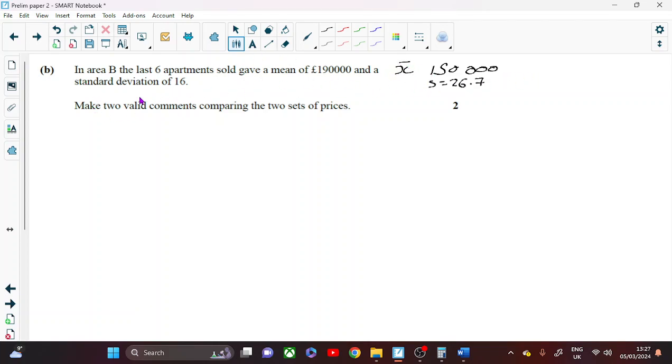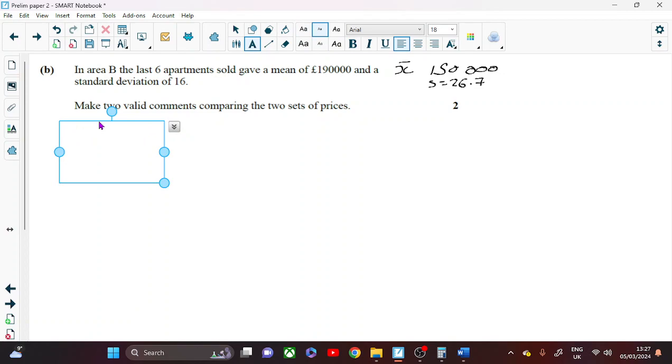So, to compare these two, we need to do 2 separate sentences. I'm going to use the typing function for this. We want to compare the averages and then comment on how consistent the results are.